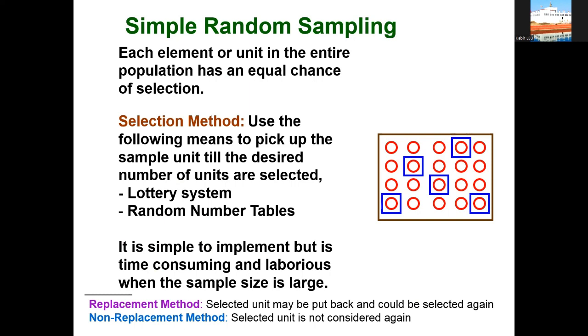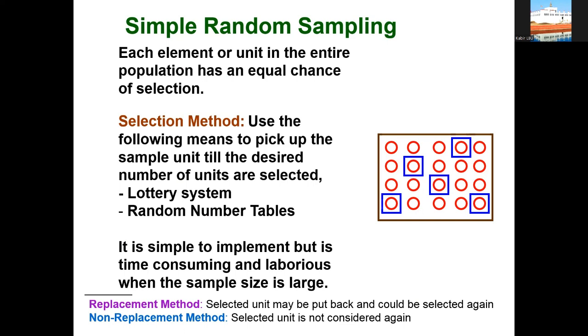There should not be any bias in selection. How can it be selected? Use the following means to pick up the sample units till the desired number of units are selected. So there are random number tables and also a lottery system. You can see how this diagram has been drawn. So in all directions, the people have been selected.